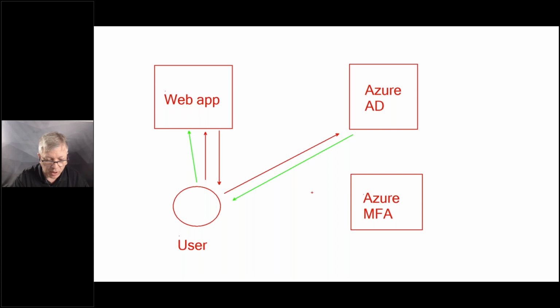With Azure MFA, rather than just directly sending the user back as soon as they authenticate with Azure AD, it's actually going to hand the user off to Azure MFA. And Azure MFA is going to require additional validation of the user's identity. Okay? And then once that happens, the whole process continues and the user has access to their web-based application. Their cloud app is often how that's going to be referred to.